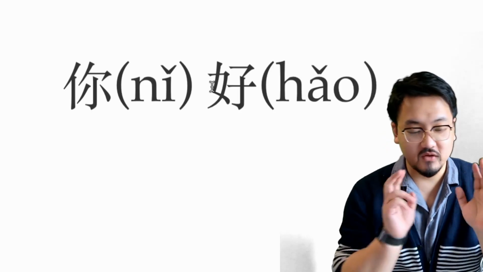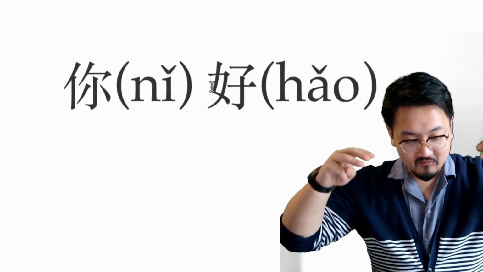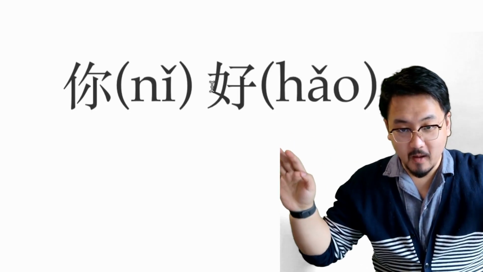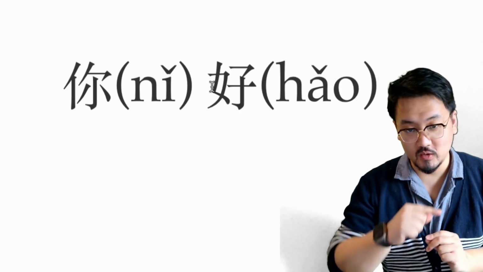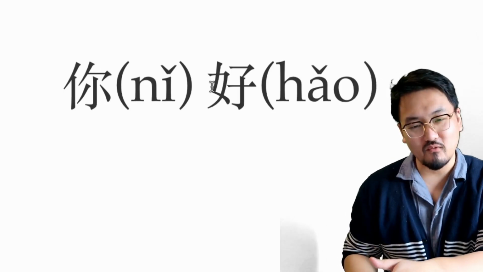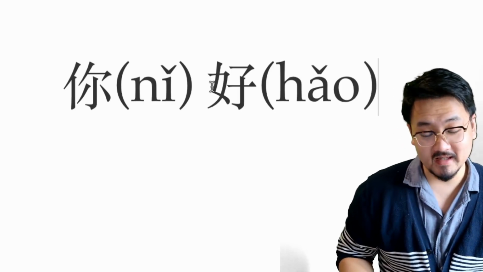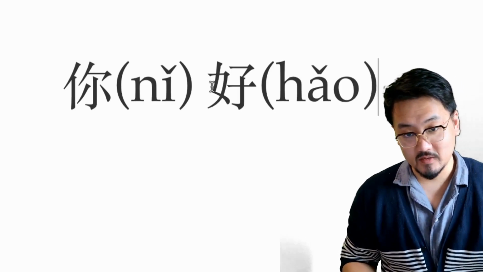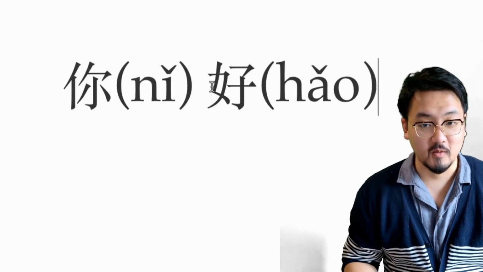Here's a rule: if two third tones combine together, the first will go to the second tone. When you write it down, you can still write it this way, but when you read it, you say it with a second tone going up, and then 好.